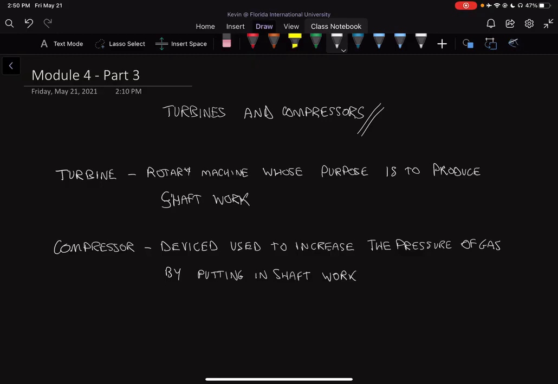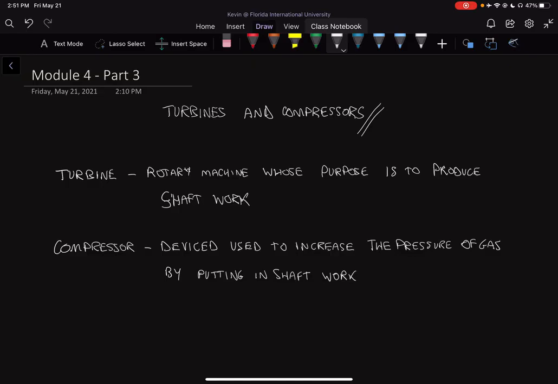For example, steam turbines have steam leaving the turbine that passes through a condenser where it is condensed to a liquid, or you have gas turbines where gas goes through a turbine, creates some electricity, and then the gas goes to the atmosphere.